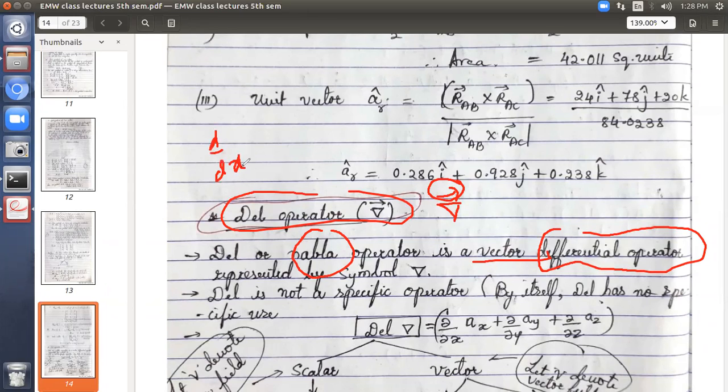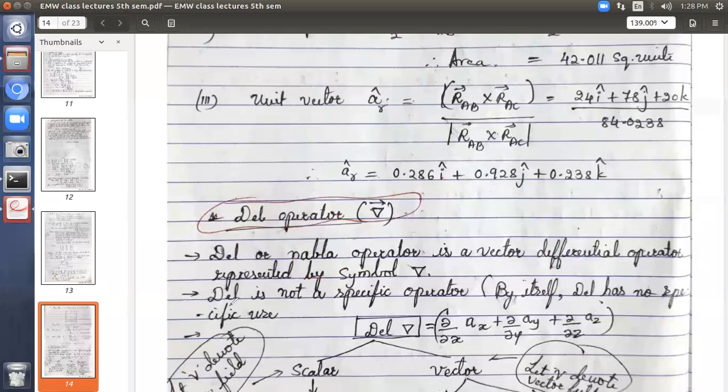It is not a specific operator, just like plus, minus, multiplication and division. Separately, it doesn't have any meaning by itself. So it has to be associated with either a scalar or a vector.